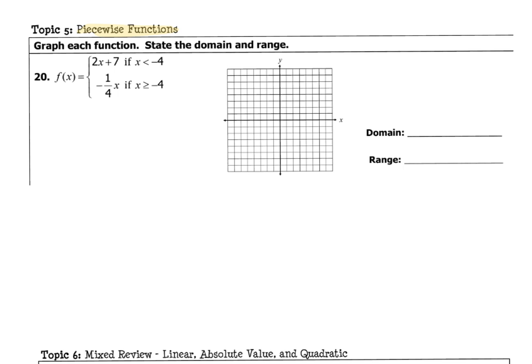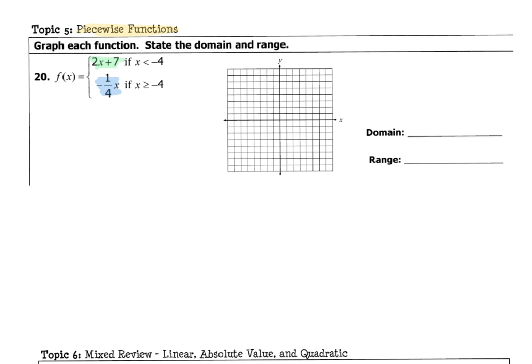I have two different equations. My two different equations are, we have 2x plus 7, and we also have -1/4 x. Now, those are both linear equations that you know how to graph, but we don't want to graph the whole equation for each of these lines. We only want to graph a piece of them.